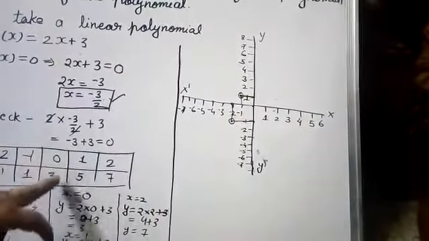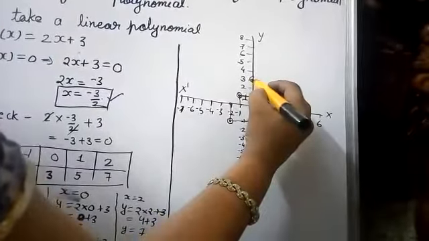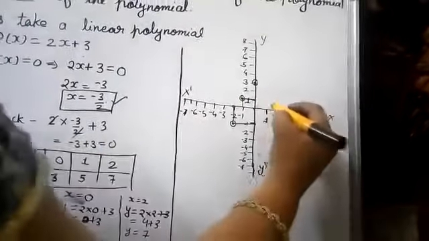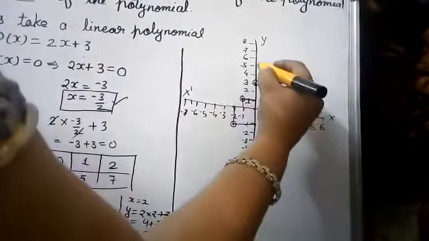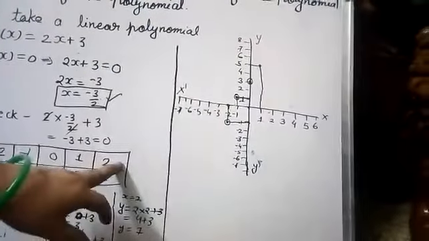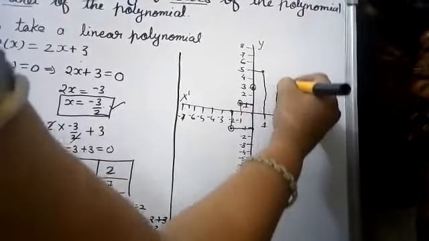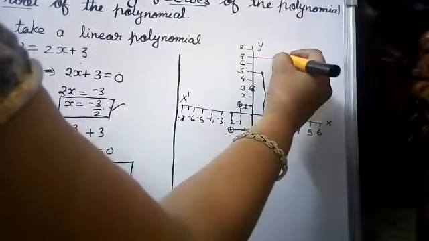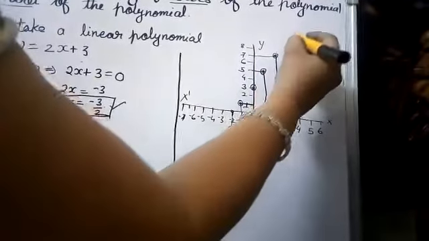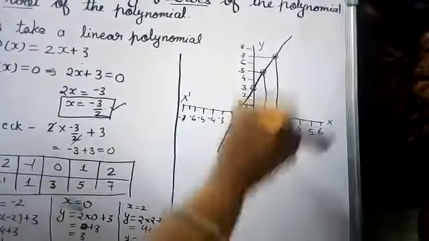For x is equal to 0, we are getting y is equal to 3. For x is equal to 1, we are getting y is equal to 5. For x is equal to 2, we are getting y is equal to 7. So to draw the graph, we'll join all these points like this.